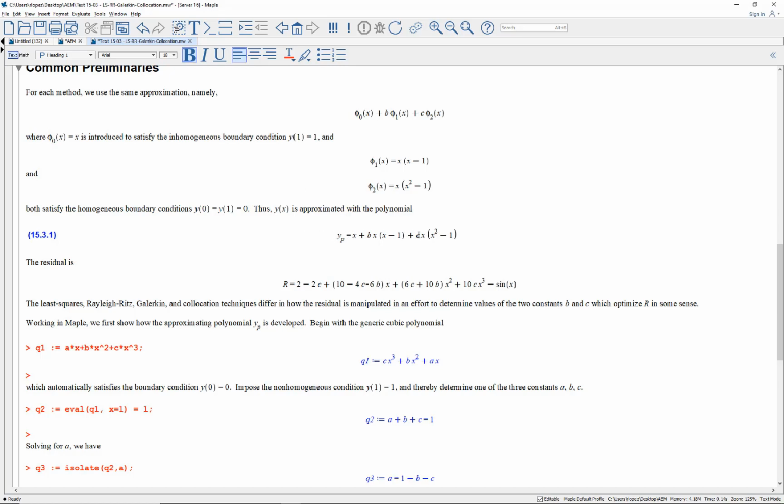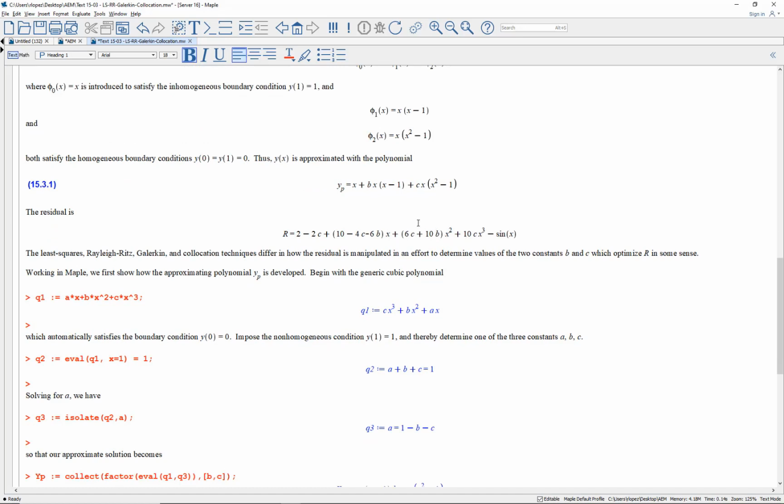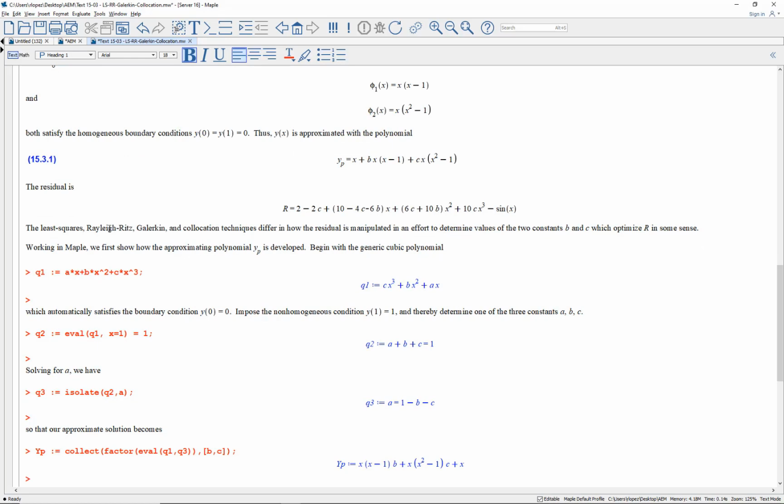So this approximation with 2 parameters satisfies the boundary conditions. If you plug that into the differential equation, you will get this residual. It's not 0. If it were, hey, we guessed great, but we didn't. So we need to make this as close to 0 as we can, and here are the different ways that we can make that close to 0.